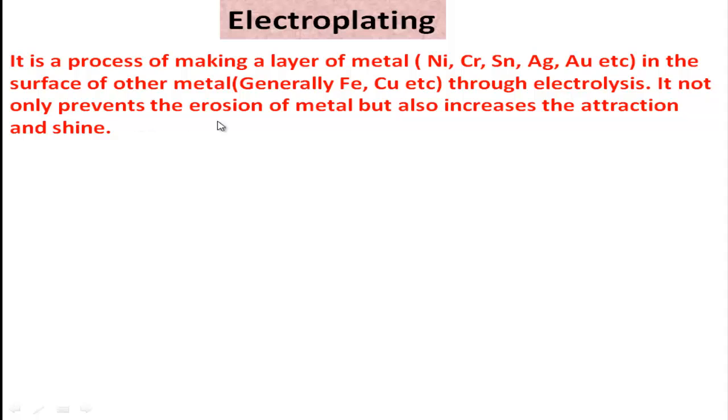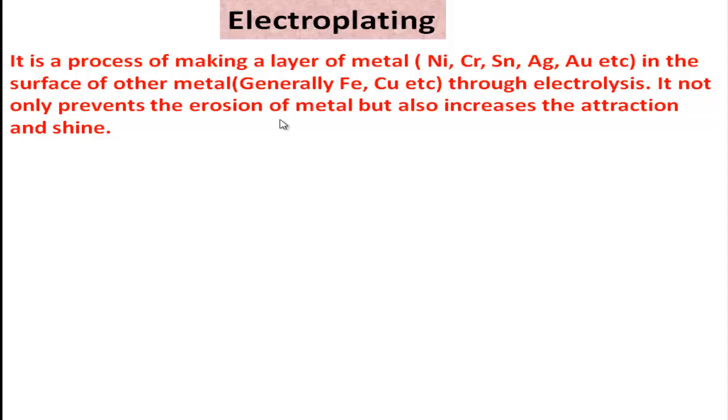It not only prevents the corrosion of metal but also increases the attraction and shine. That means electroplating is also a formation of a layer of one metal on another metal, but using electrolysis, applying electricity.